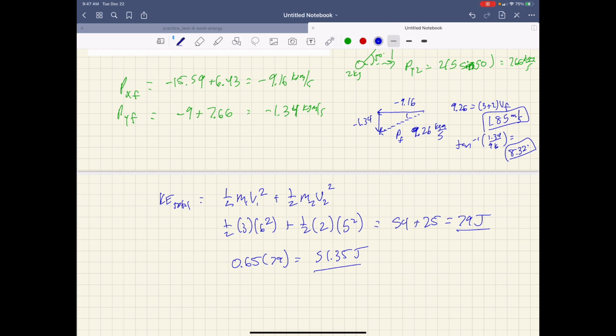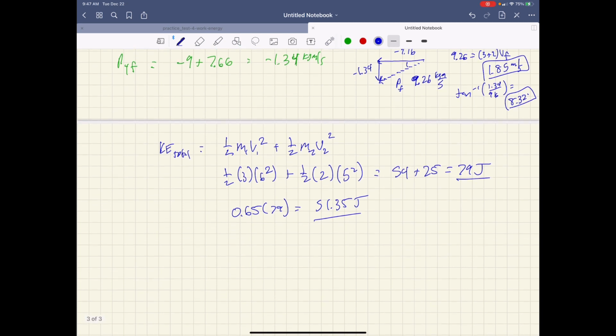Now the objects are stuck together. So the 1/2 (m1 plus m2) v squared has to equal this new reduced kinetic energy. So 1/2 times 5 times VF squared has to equal 51.35.